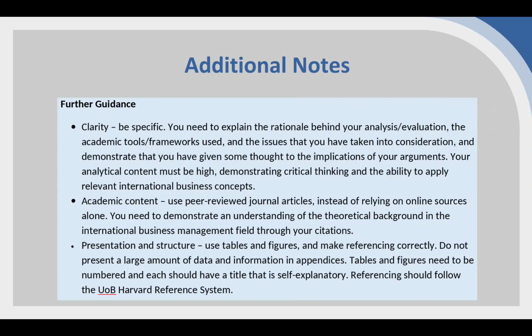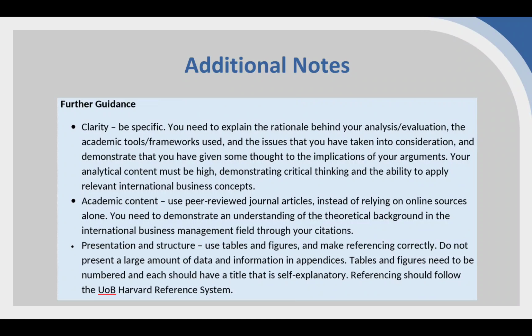Use a good amount of academic content, so not just relying on general online sources. Now, some sources are going to be high quality non-academic sources. Newspaper articles are the most obvious one, particularly for your ethical paper for element 2, but you also want to use enough peer-reviewed academic journal articles.